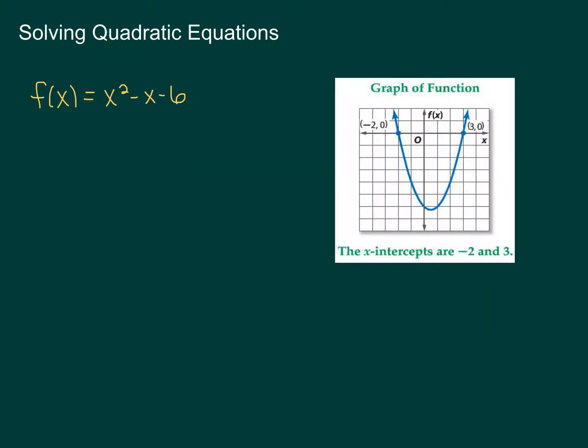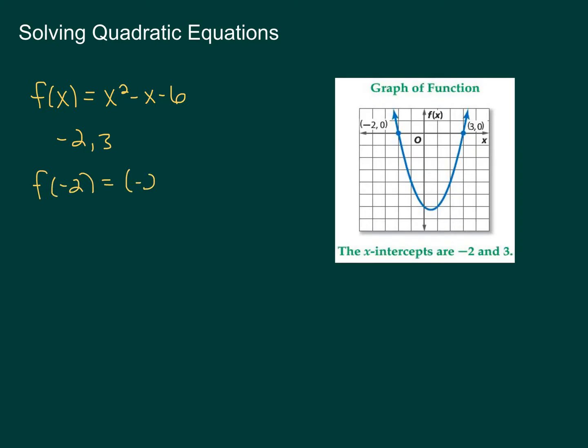So here's how we use those facts. We have this function f of x equals x squared minus x minus 6, and it's graphed right here. As you can see, the x-intercepts are -2 and 3. So what does that mean as far as our equation goes? That means that when I plug in -2 or 3 into my equation, I will get out 0.